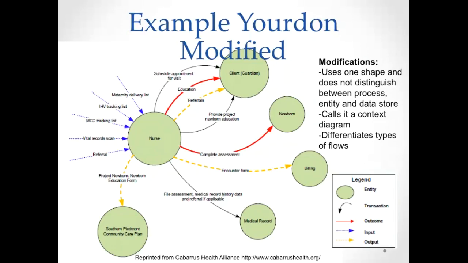If the symbols look different, like they've modified it in some way, then you have to have a discussion with them or look at their legend as to exactly what all those symbols on the diagram mean. Because by virtue of having drawn it a certain way, made them different colors, making different kinds of lines, they mean something by that, and we want to understand that. Like they've made the small dashed blue lines input and the big fat yellow ones output.